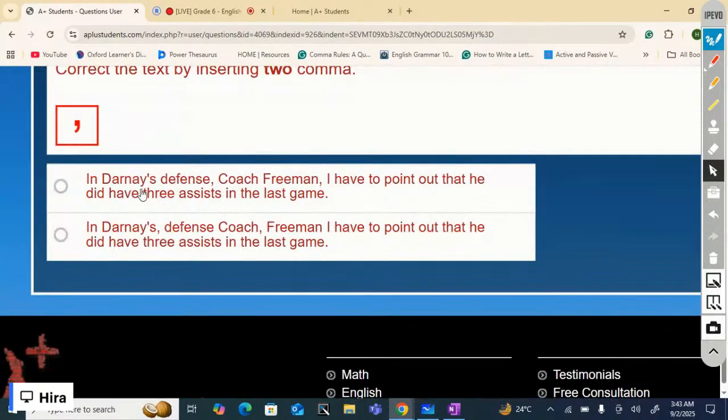In Darnay's defense, Coach Freeman, I have to point out that he did have three assists in the last game. First or second?